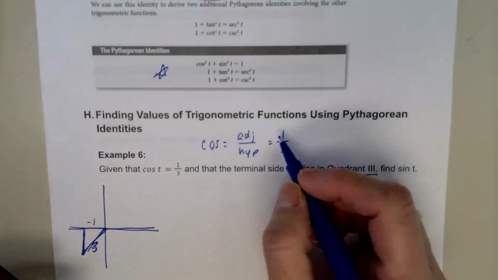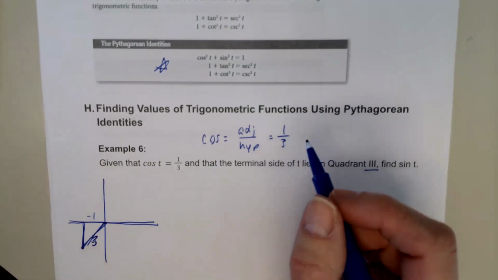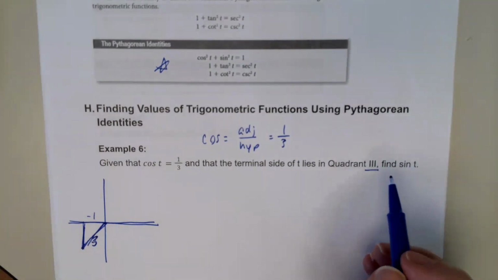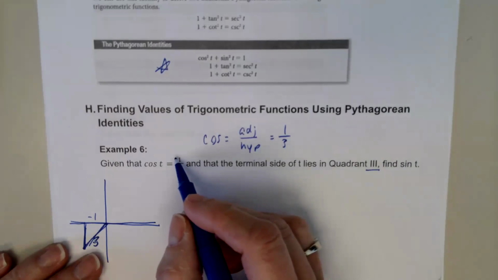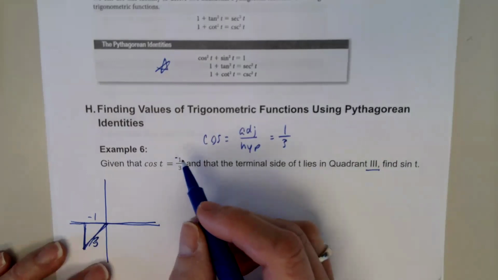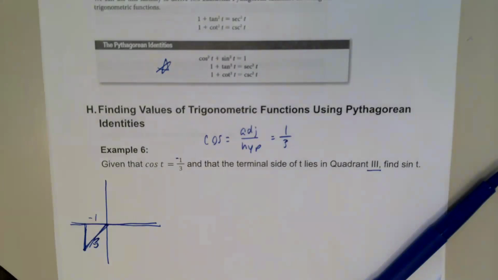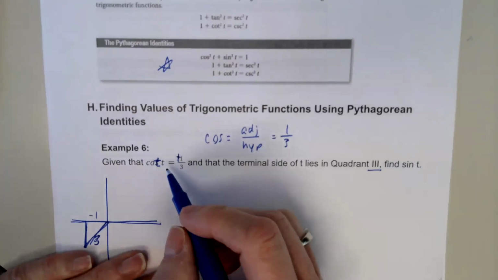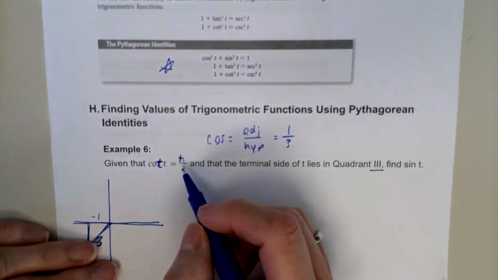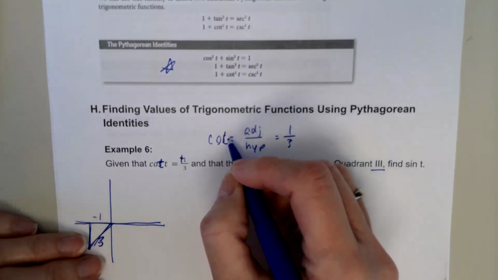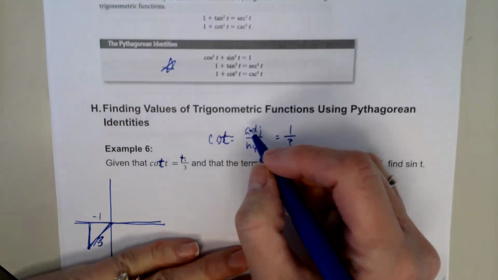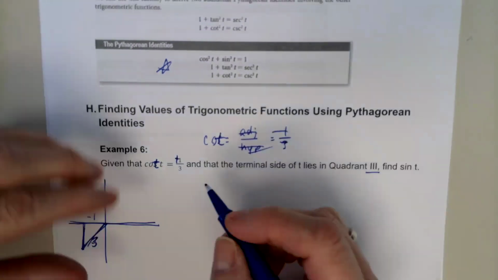So it says cosine is equal to 1/3, and the terminal side lies in quadrant 3. So cosine should be negative there. I had a typo. It's cotangent of t that is a positive 1/3. Let me rewrite this.